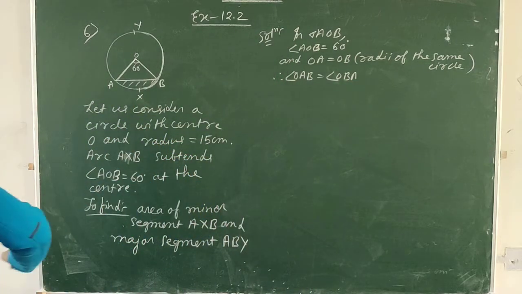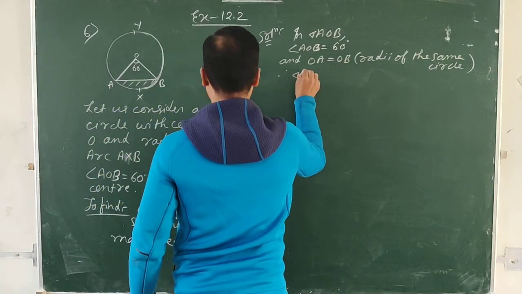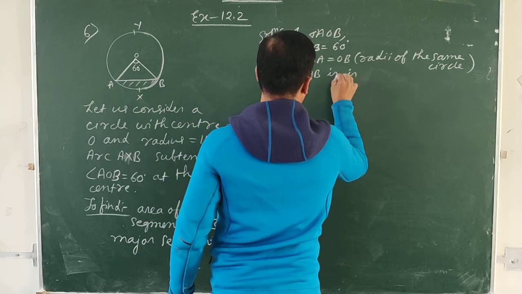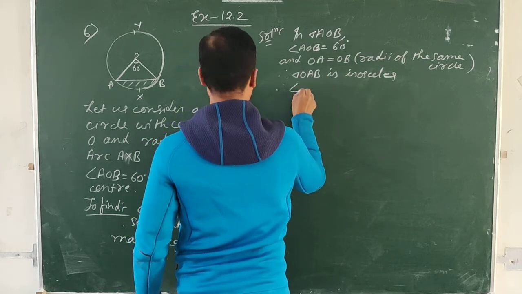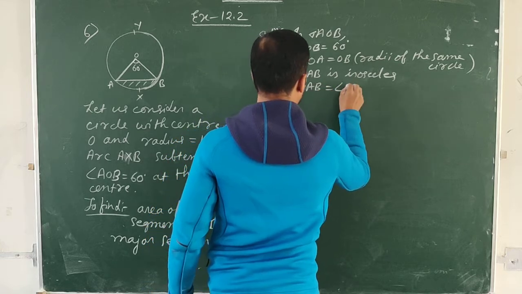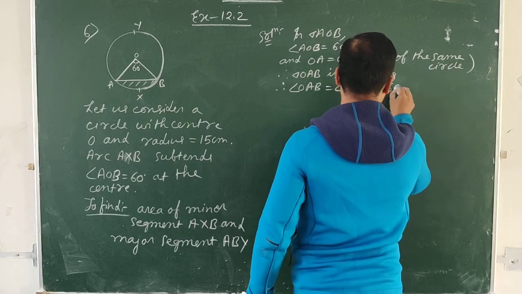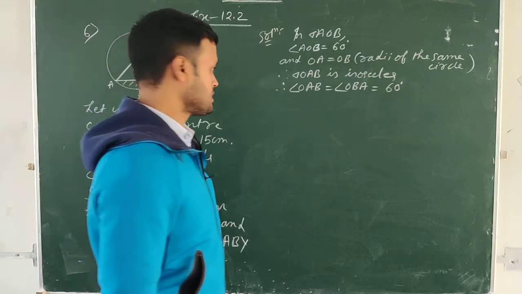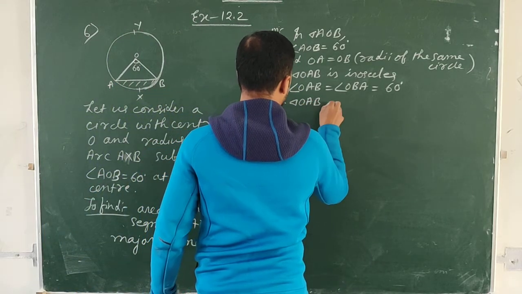Therefore, triangle OAB is isosceles. Therefore, angle OAB is equal to angle OBA is equal to 60 degree, because one angle is 60 degree and the other two angles are equal. So obviously these two also will be 60 degree. Therefore, triangle OAB is equilateral.